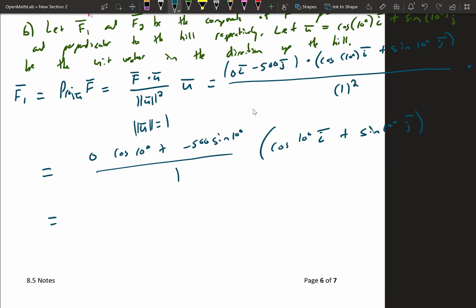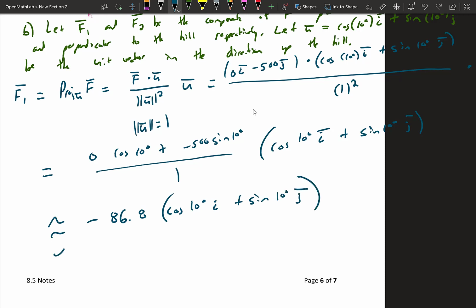So if we round the cosine and sine of 10 degrees, what we end up getting is negative 86.8 times cosine of 10 degrees times i plus sine of 10 degrees times vector j.